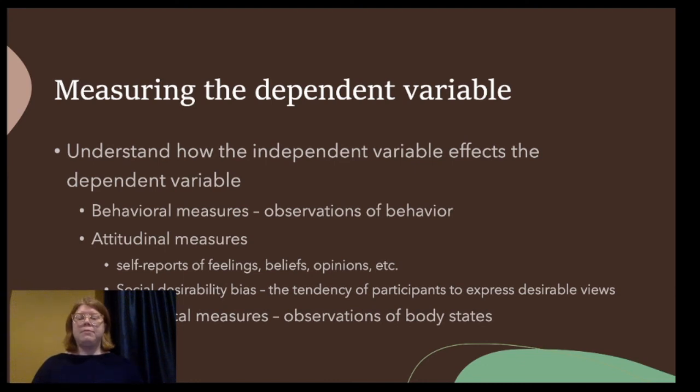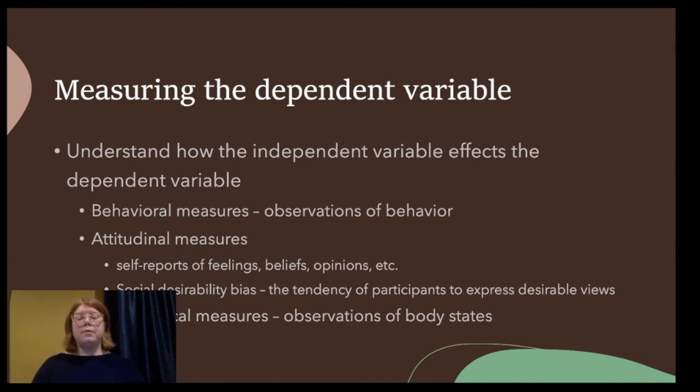And finally, we have physiological measures, which are observations of body states. So, for example, if I wanted to know how much a person was stressed by being asked to take a math test, I could measure their blood pressure, or I could measure their pulse, how fast their heart was beating.